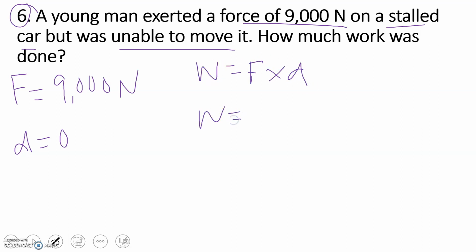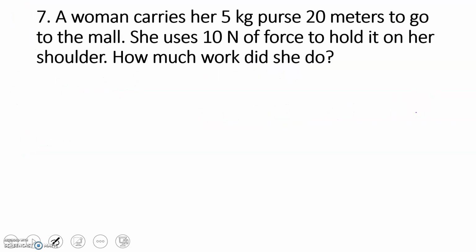Our force was 9,000 times our distance, and the car didn't move, so 0. Our work was 0 joules. It didn't move. No work was done. You may feel like you worked because you pushed on that car, but you didn't move it, so no work was done.